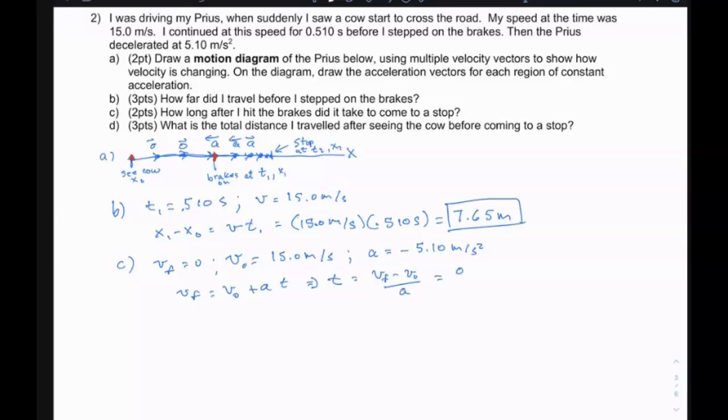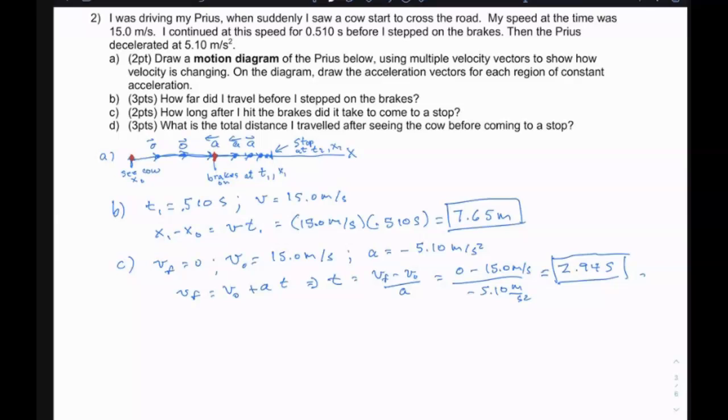So that's 0 minus 15.0 meters per second over minus 5.10 meters per second squared. And I plug that in my calculator, and I get 2.94 seconds.